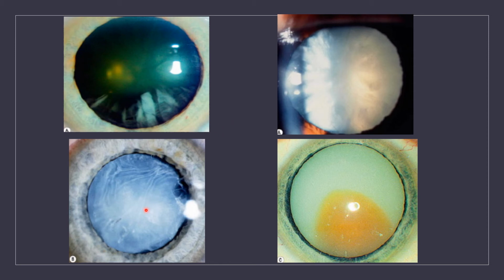This is hypermature, in which you can see there are wrinkles in the capsule, indicating that the liquefied lens proteins have leaked from the lens. This one is hypermature Morgagnian, in which one can see clearly the nucleus has fallen down and is in the inferior part of the lens capsule.